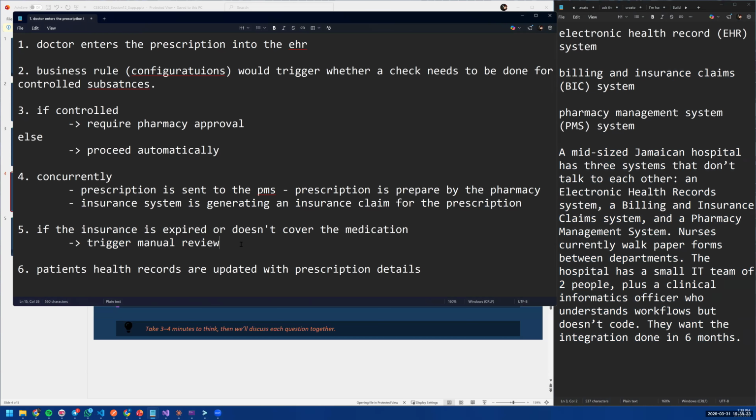Instead of automatically determining the amount of money to be paid for the medication, somebody has to step in and manually determine how much is to be paid, depending on whether the insurance expired or doesn't cover the medication.